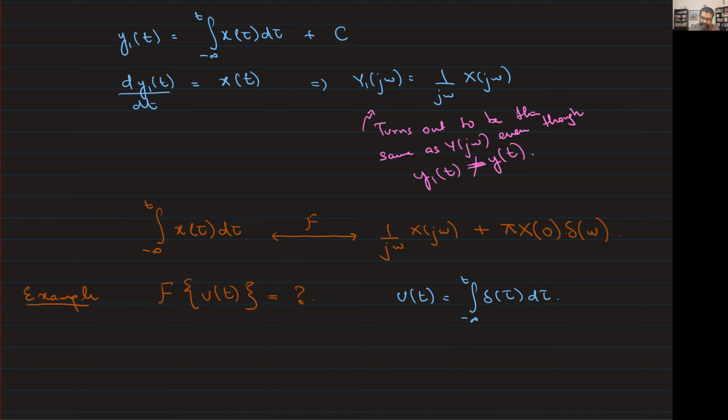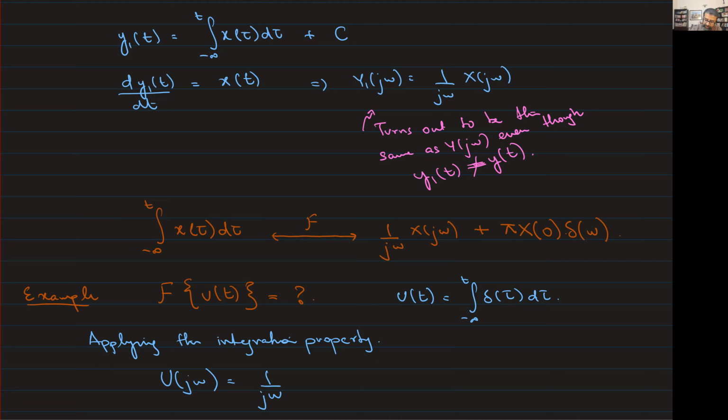And then just applying the integration property, what I get is u of j omega is equal to 1 upon j omega and the Fourier transform of x. What is the Fourier transform of x?